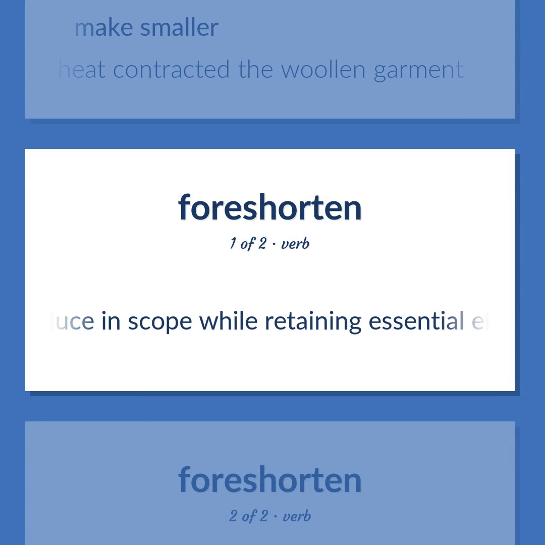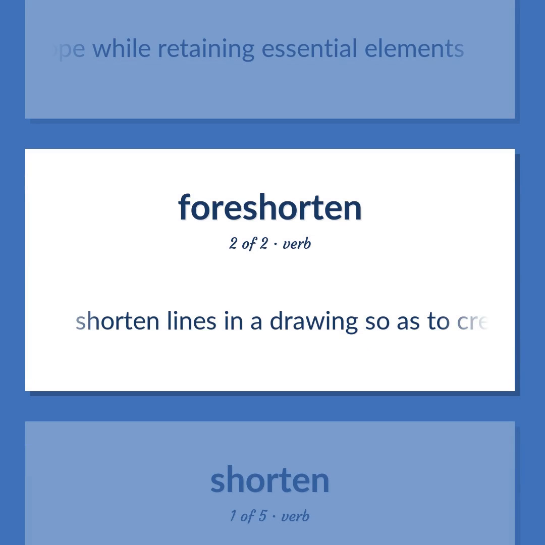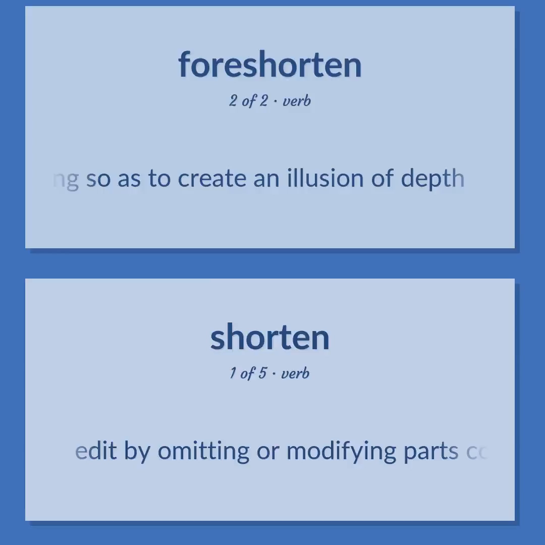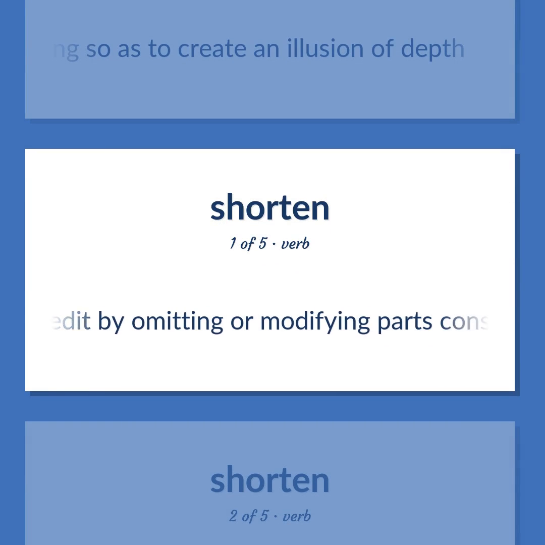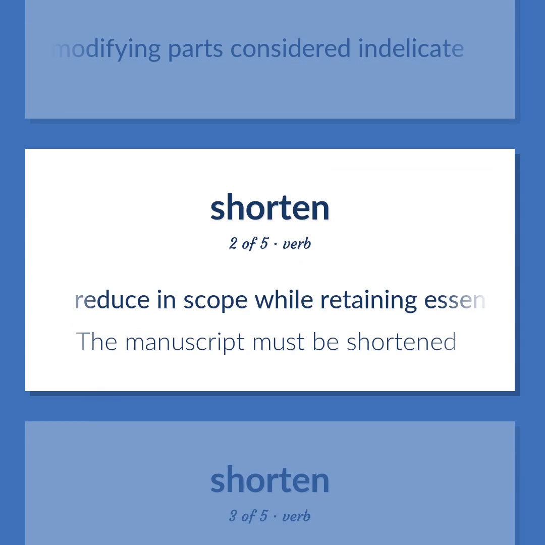Reduce in scope while retaining essential elements. Shorten lines in a drawing so as to create an illusion of depth. Edit by omitting or modifying parts considered indelicate. Reduce in scope while retaining essential elements. The manuscript must be shortened.